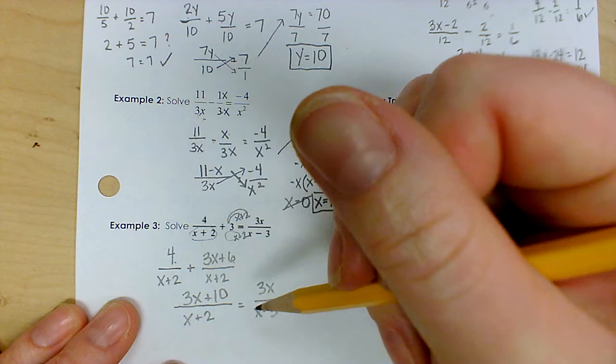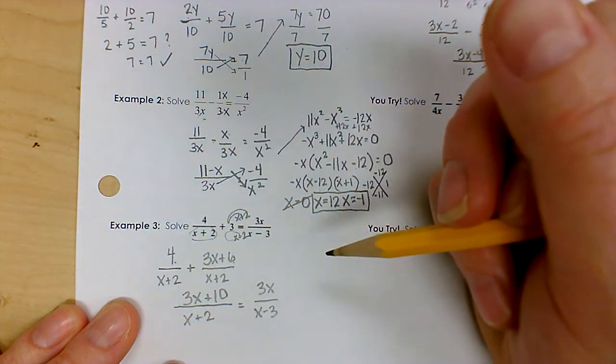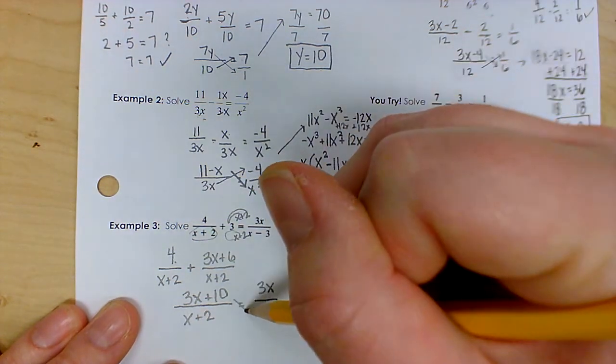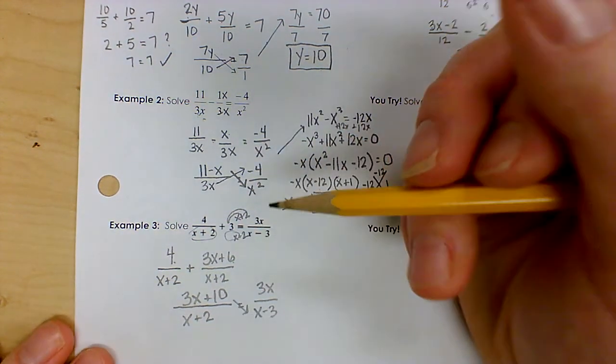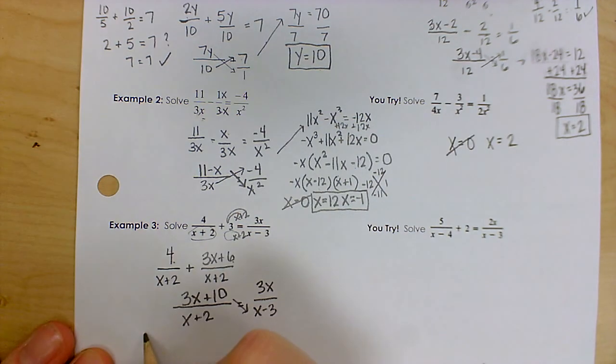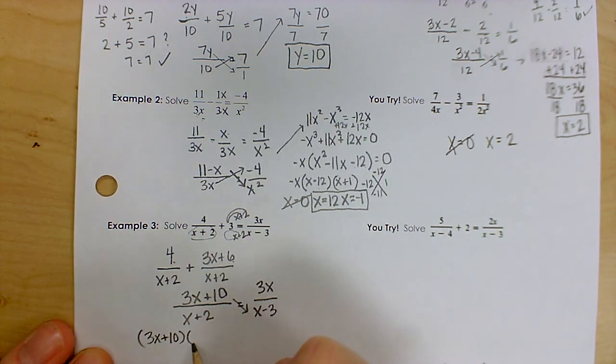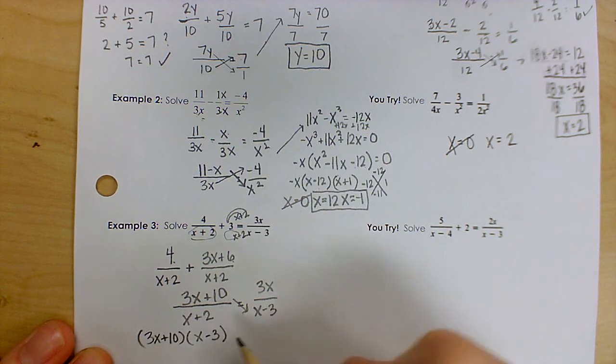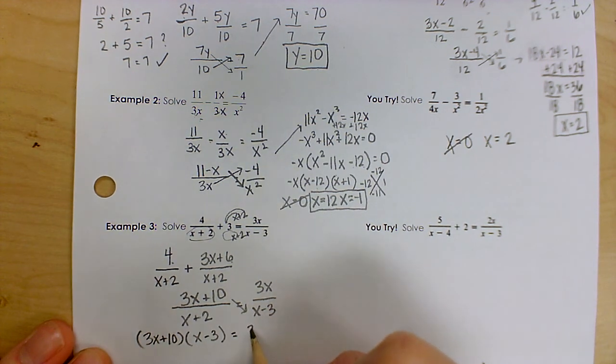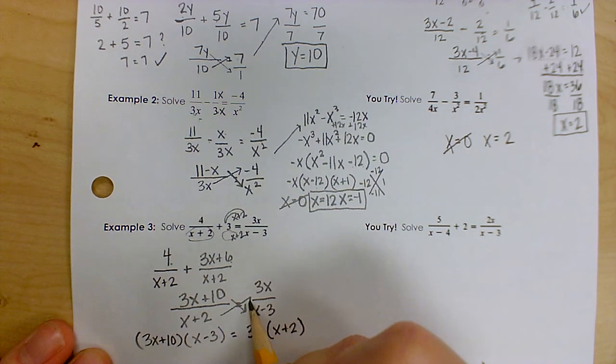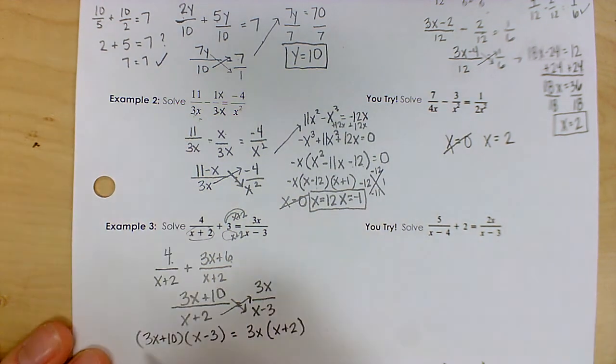Okay? Cross multiply. This one gets tricky with cross multiplying because you're actually going to have to FOIL in this case. So we're going to have, and I'm just going to write it out, 3x plus 10 times x minus 3 equals 3x times x plus 2. That was my cross multiplying.